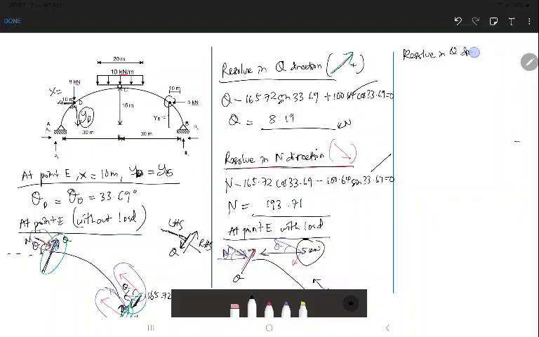Okay, so resolve in Q direction, copy it again, this direction positive, Q minus, so it is here, so minus 5, so far from theta, so this one is 5 sin theta.